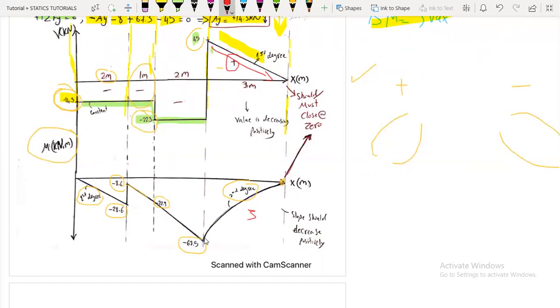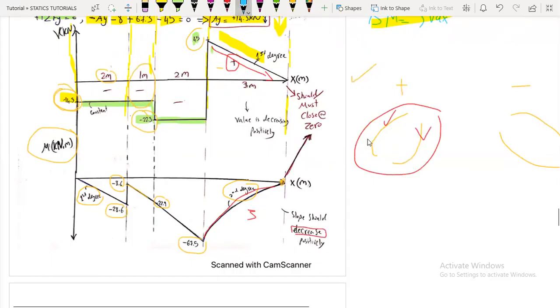So the slope is positive, so it is going upwards. So either this curve or this curve, but we have said it is decreasing positively. So the slope here is what? It is maximum because it's a vertical line. But here it is a horizontal line, so it is 0. So we will use this curve because it is decreasing from maximum to 0.